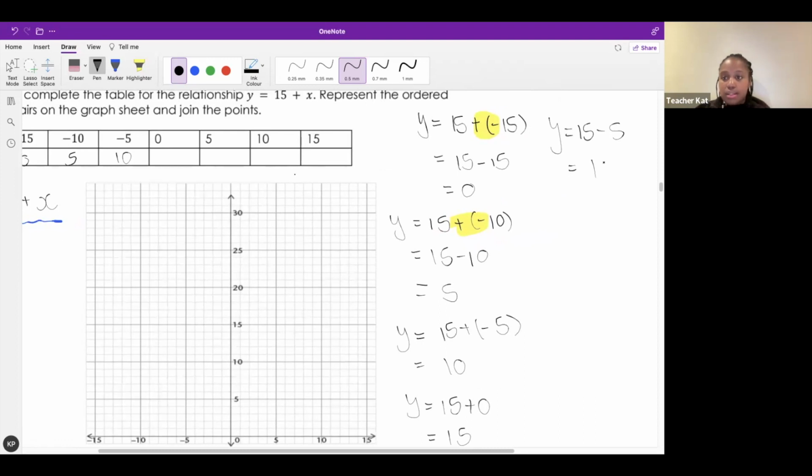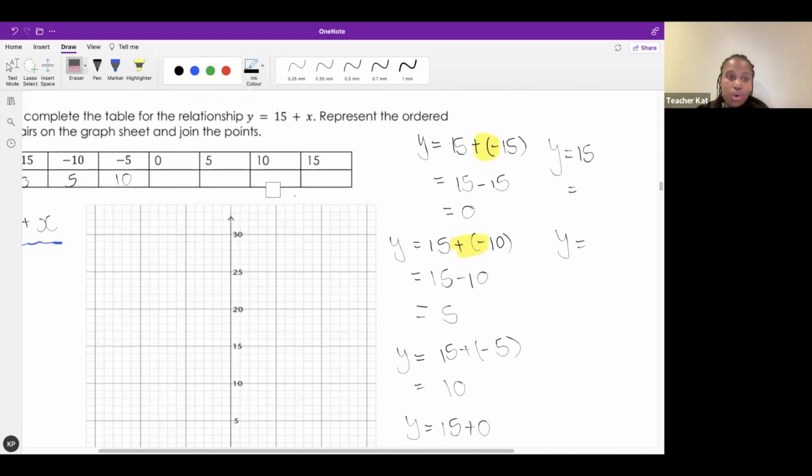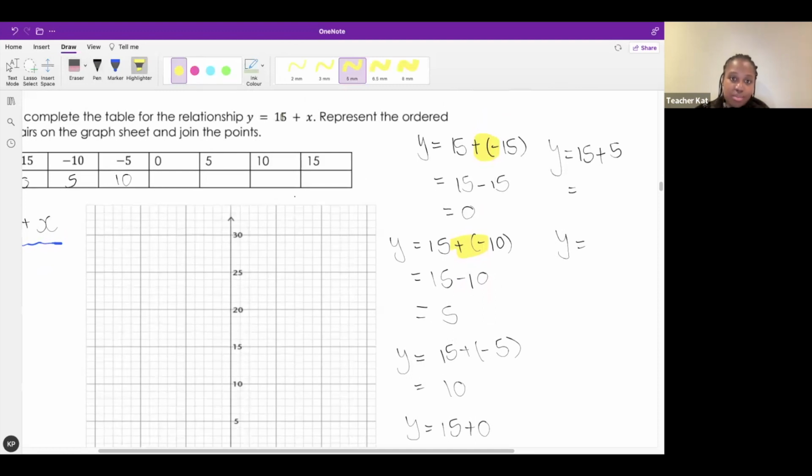That is 10. y is equal to, it's plus. It's plus. We're supposed to be adding, guys. Because I was thinking, when did this become now a quadratic function? It isn't. 15 plus 5. It's plus. Our formula said plus. There we go. 20. This looks much better.